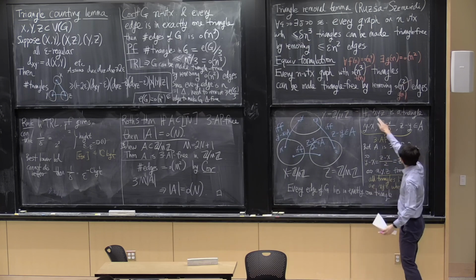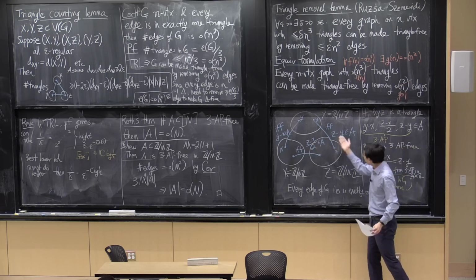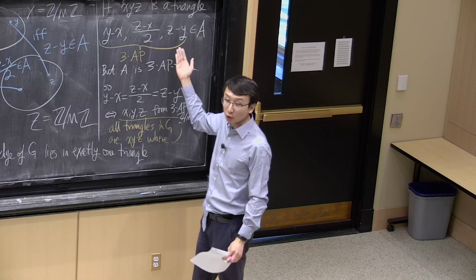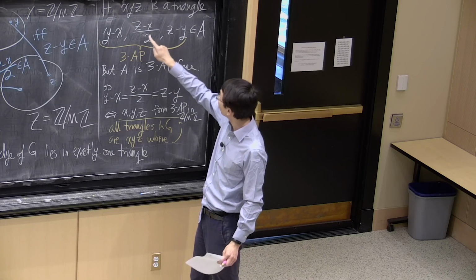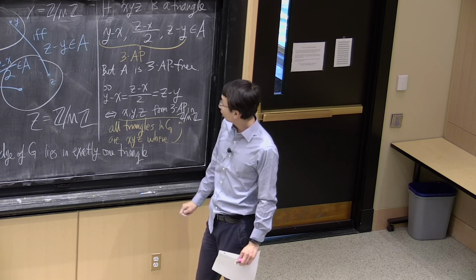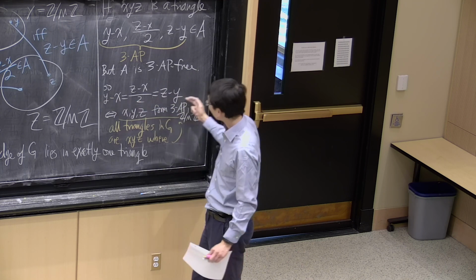Well, XYZ is a triangle precisely when these three expressions all lie in A. But notice that these three expressions form a 3AP, because the middle term is the average of the two others. So XYZ is a triangle if and only if this equation is true.